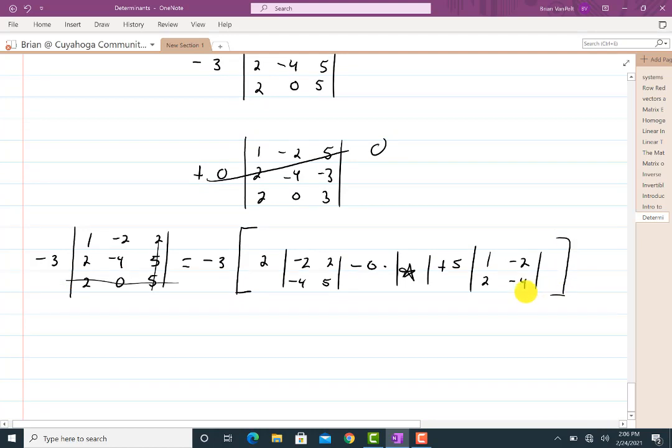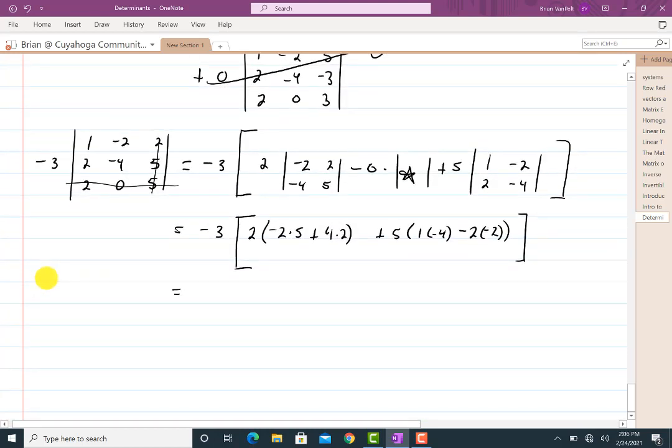All right, let's see what we get with all of this then. Negative 3 times, here I'll get 2 times negative 2 times 5 plus 4 times 2. And I'll get plus 5 times 1 times negative 4 minus 2 times negative 2. Let's see what all happens here.